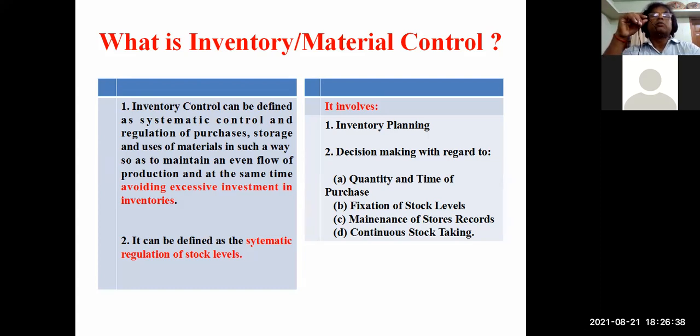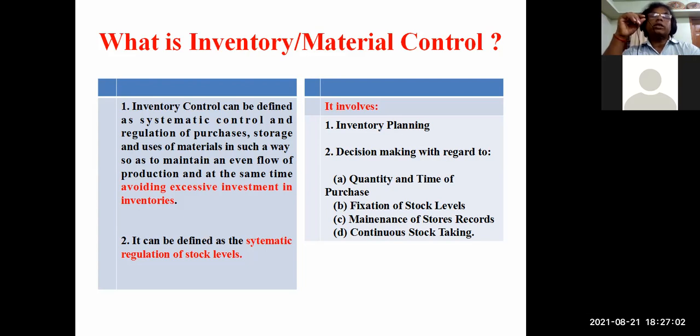So what is inventory control or material control? It is defined as systematic control and regulation of purchase, store, and use of materials. Purchase, then store it, then use the material. These things should be properly controlled.